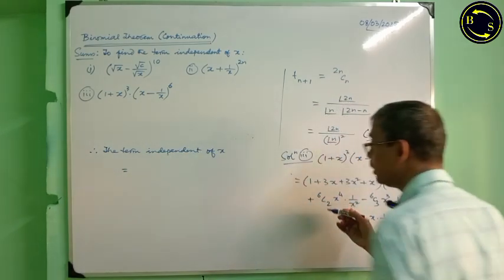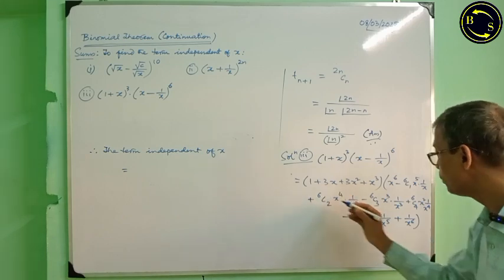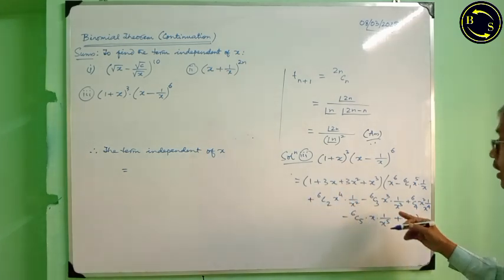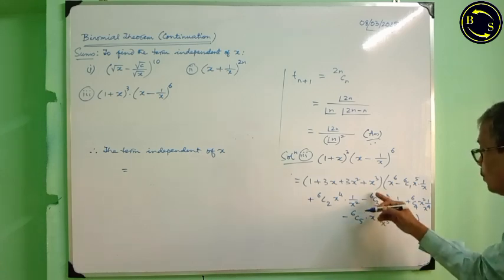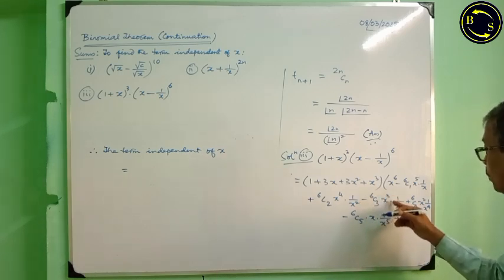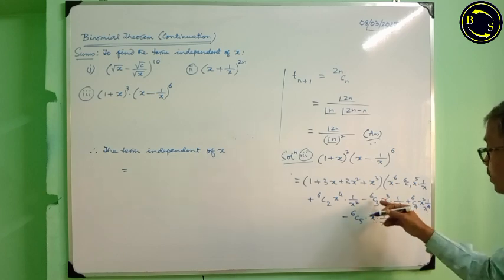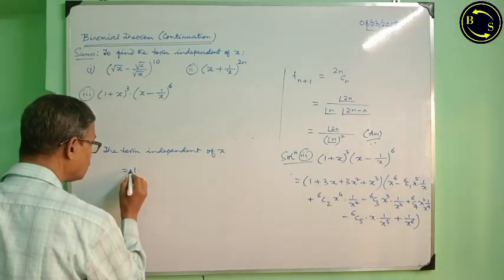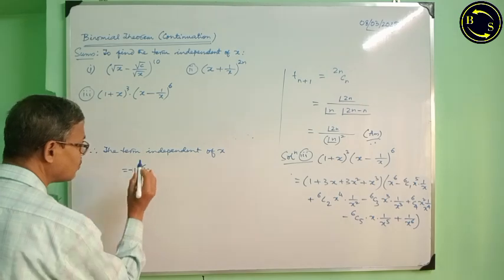Now to get the term independent of x, we have to multiply that one with the term which is independent of x, and that is this one. 6C3 x cube into 1 by x cube cancelled. Therefore, finally it is minus 6C3. Therefore, 1 into minus 1 into 6C3.